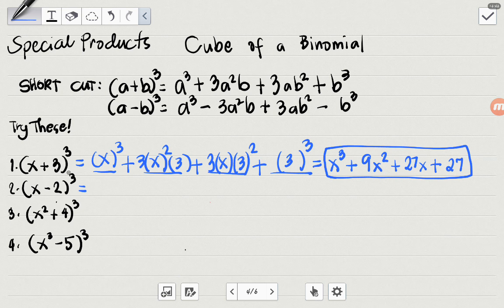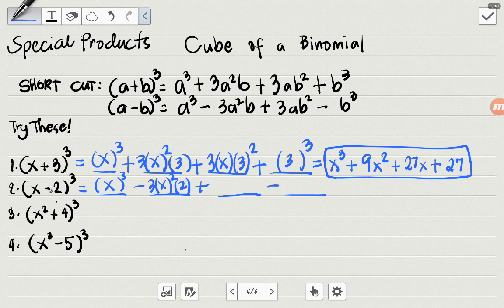Cube of x minus 2. Alam natin na kapag cube ng binomial, may 4 na terms. At dahil minus 2, ang ating pattern ay minus, plus, minus. First term, cube mo lang. Okay, minus 3 times square ng x, and then times 2.